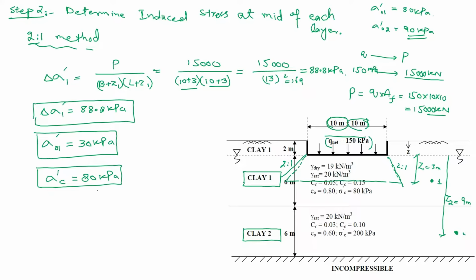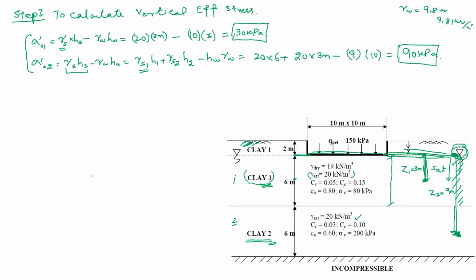What is induced stress at this point? Sorry, there is a mistake. I think yes, this is geostatic vertical stress. For geostatic vertical stress, we will include this top 2 meters because we consider that there is no foundation available when we are going to calculate the geostatic stresses, because these stresses do not need amount of loads.